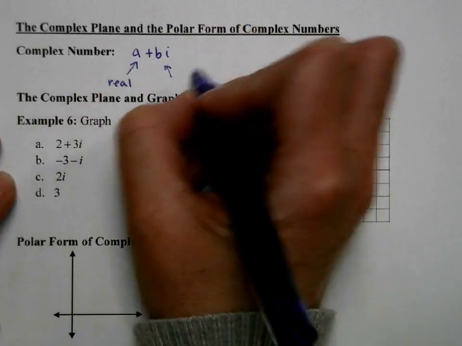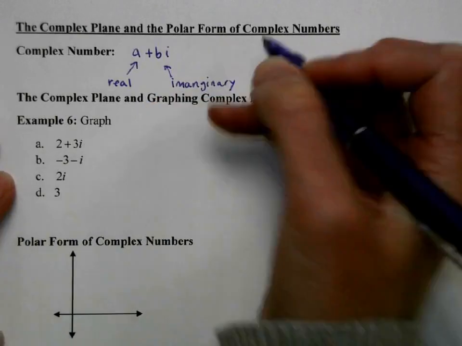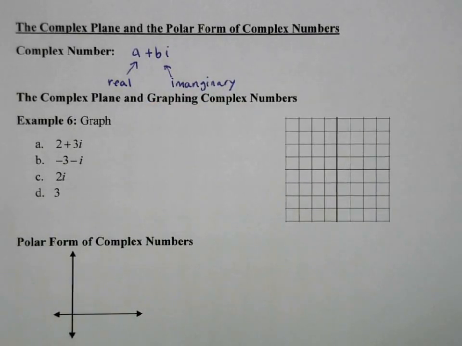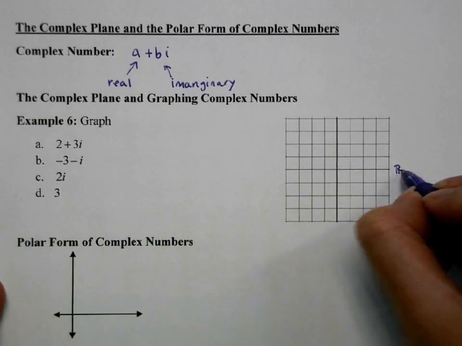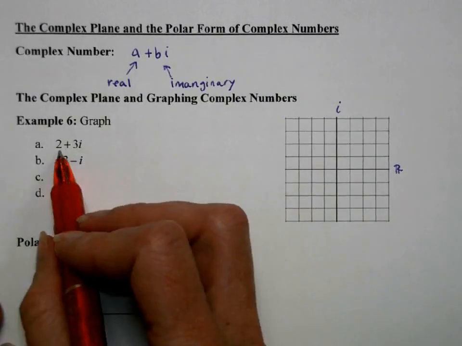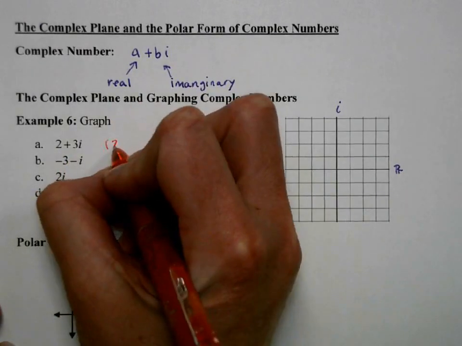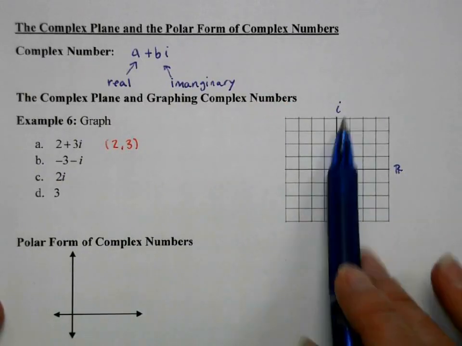Well, we can graph complex numbers on the complex plane, where this is our real axis and this is our imaginary axis. And then we treat it just like a coordinate, where 2 plus 3i is going to behave like the coordinate 2, 3. But this is our real and this is our imaginary. So it's 2, 3. This would be 2 plus 3i.